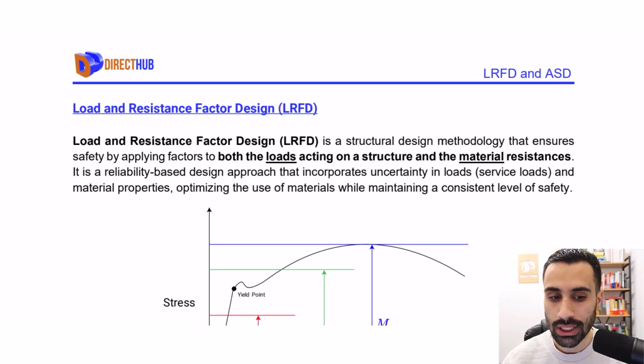So load and resistance factor design, LRFD, is a structural design method that ensures safety by applying factors to both the loads acting on the structure and material resistance. So we consider the loads, we apply a factor to that, we'll see that below, and we also look at the material resistance and apply a factor to that.